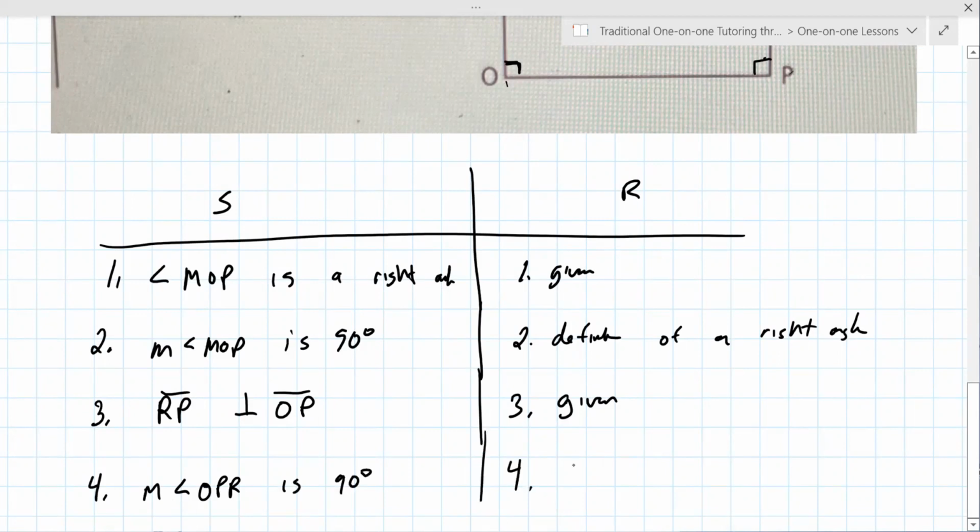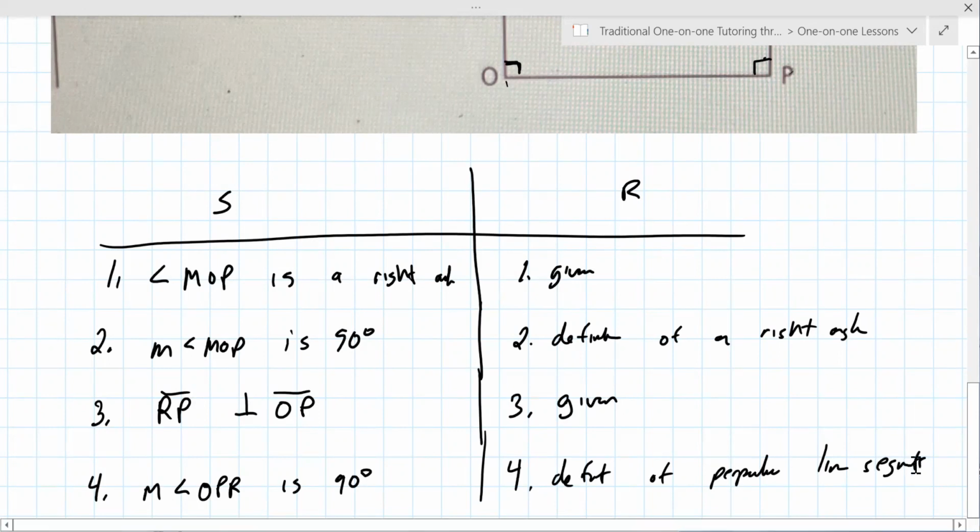Okay, and that's the definition of perpendicular line segments. So a lot of times students don't know what to put over here on the right, and maybe you're one of them. A lot of times it's the definition of, and then, well, what is the definition of?